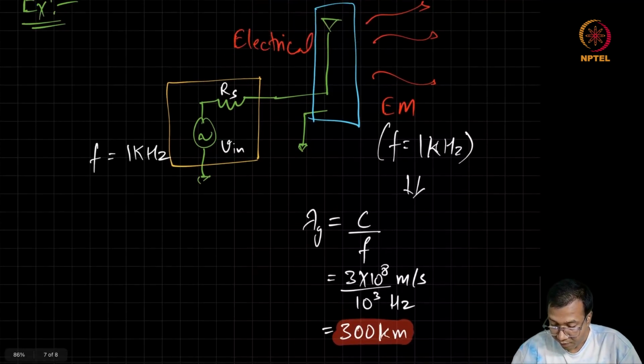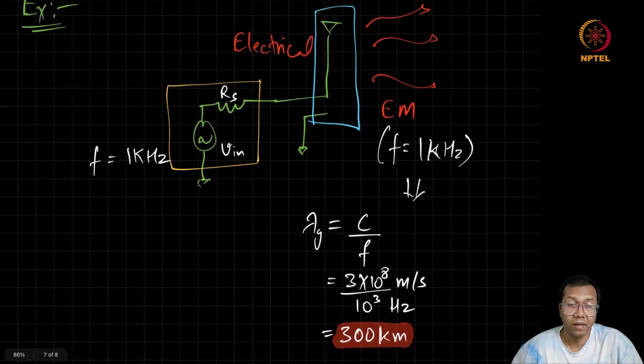So if the guided wavelength is 300 kilometers, we can easily imagine that even if it is, let's say, a monopole kind of structure, which is quarter wave, still it is going to be of the order of hundreds of kilometers. Okay, that is just too big for an antenna to be practical for most of the applications.